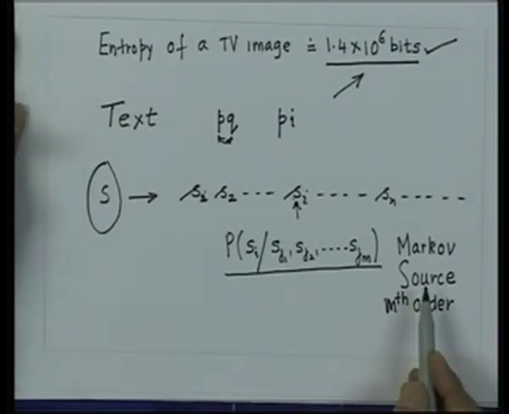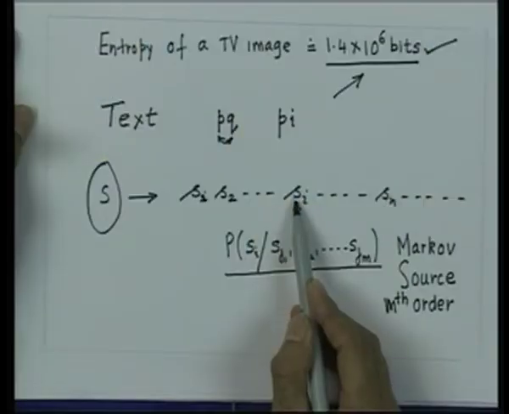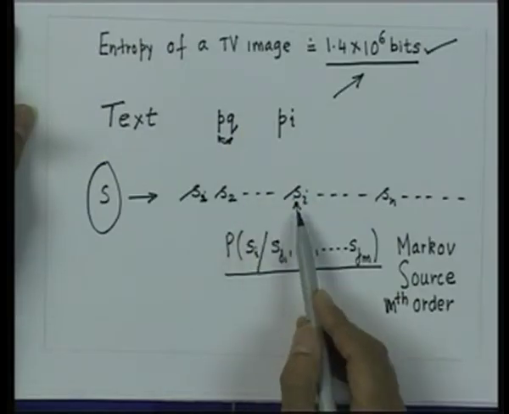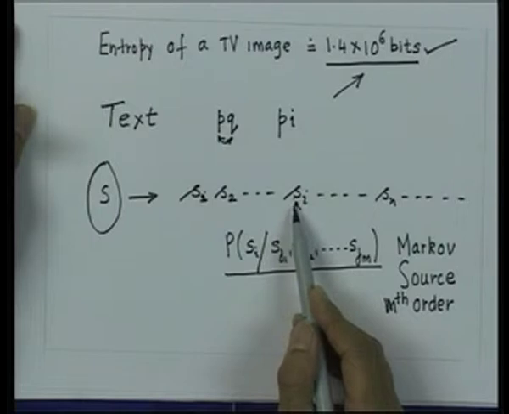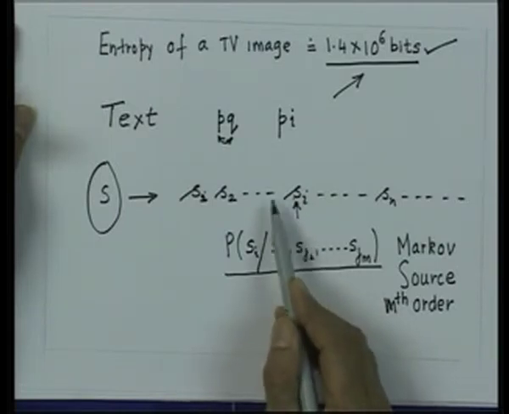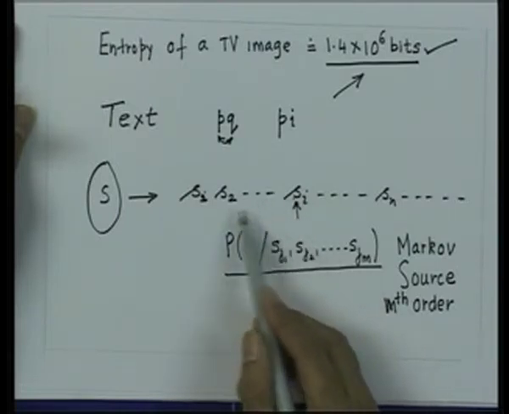So, if you have a Markov source of first order, it means that the probability of occurrence of a symbol is dependent upon the preceding symbol. If I have a Markov source of order 2, then it is dependent upon the preceding 2 symbols.